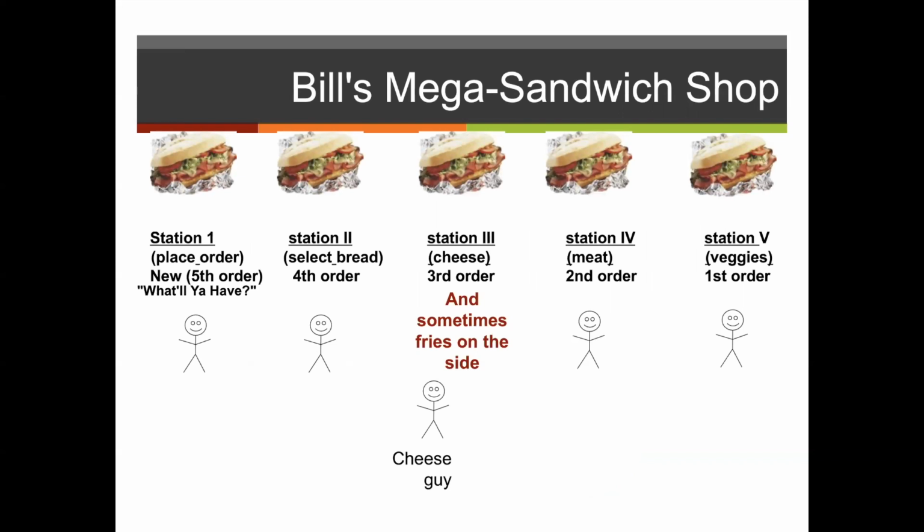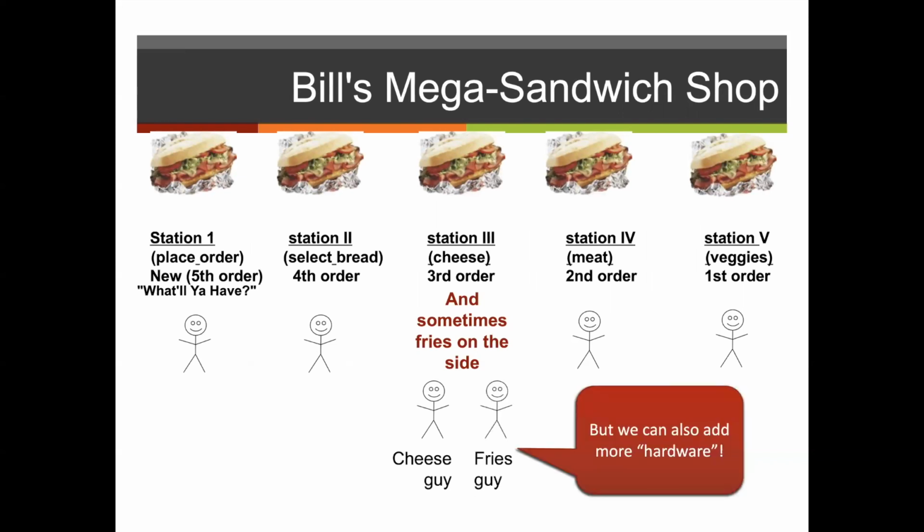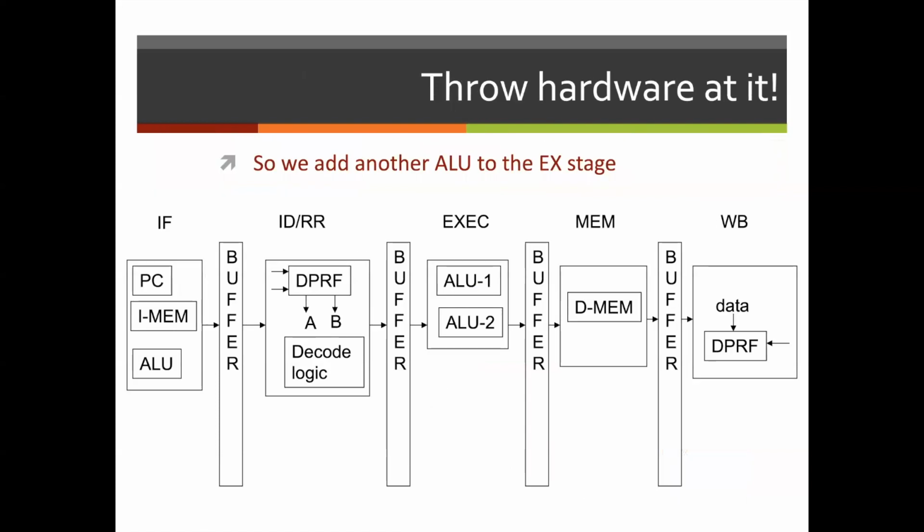Well, we have another option, and that is that we can incorporate more hardware. Now at station 3, instead of just having a cheese guy there, we're going to have a fry guy there too, so both can operate together if needed, or one or the other. So what does this mean for our BEQ instruction?